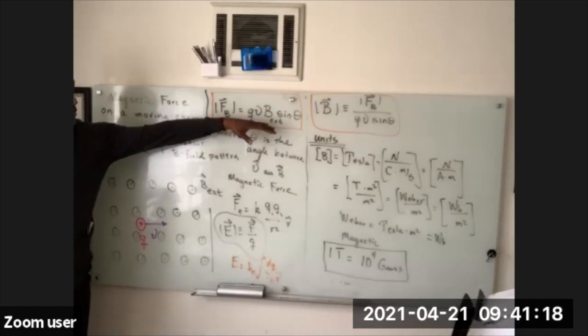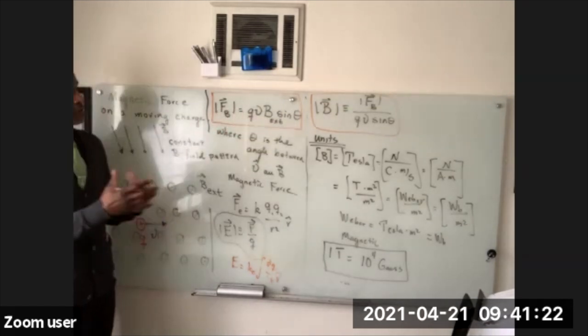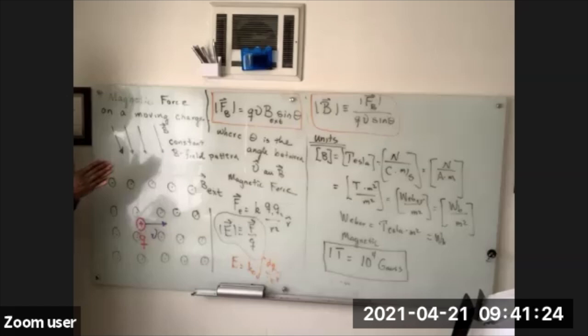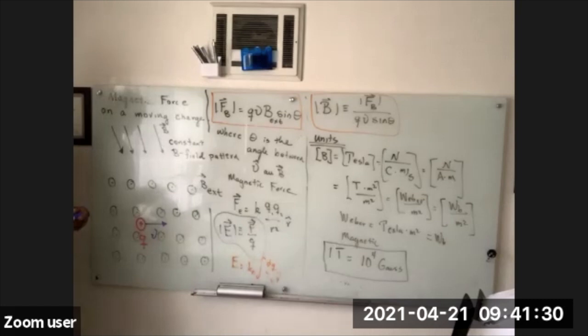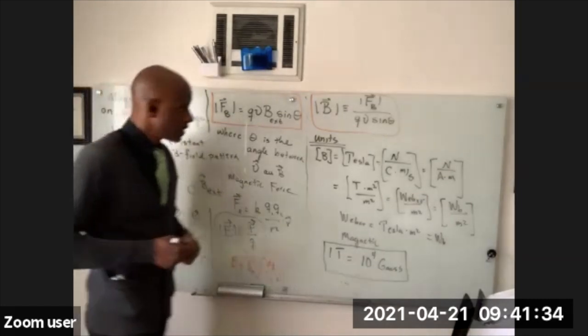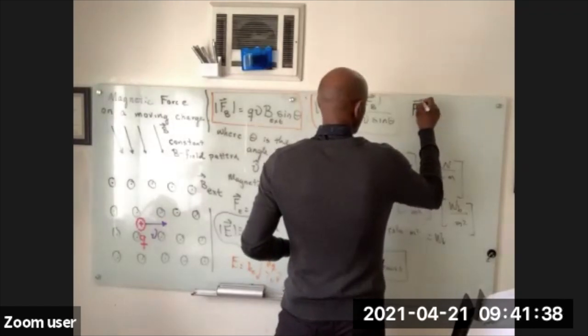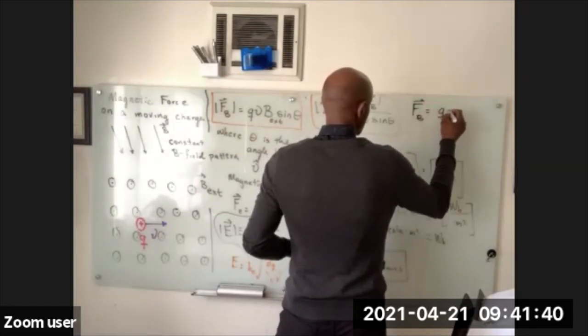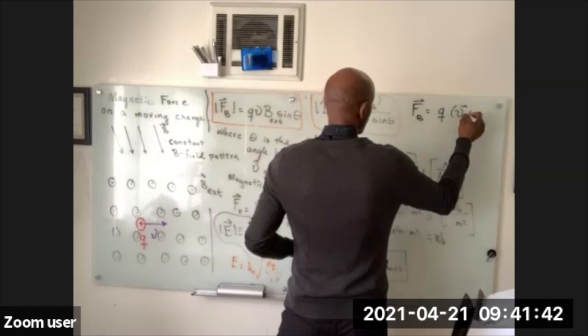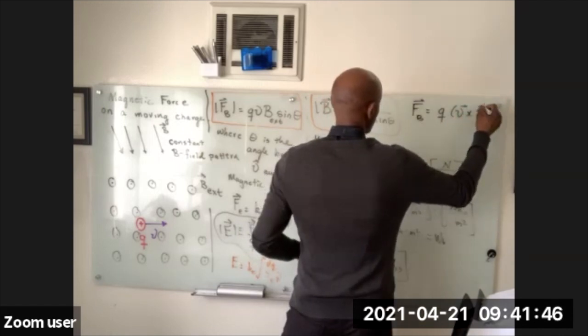You could also describe the product of those vectors that give rise to that vector result as a cross product. And it turns out that I could then take this and describe the magnetic force in the following fashion: F_B is equal to q times v cross B external.